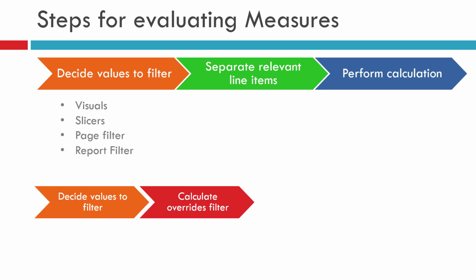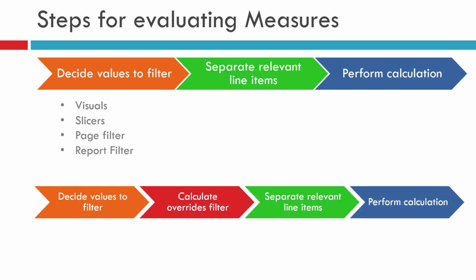So CALCULATE will always have the upper hand and a priority. Once this is done, the rest of the process is the same, like filtering out the relevant records and then performing the mathematical operations. Now CALCULATE can have simple filters or filters put up by the ALL function or FILTER function.